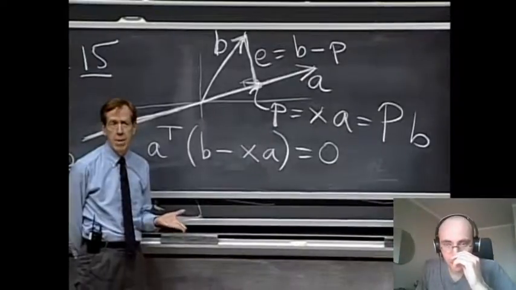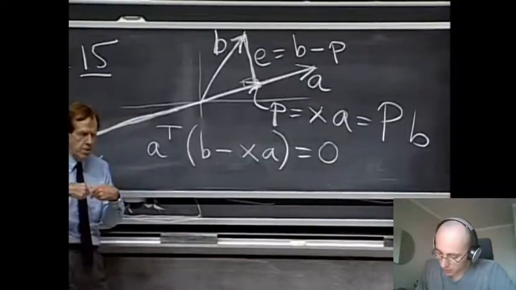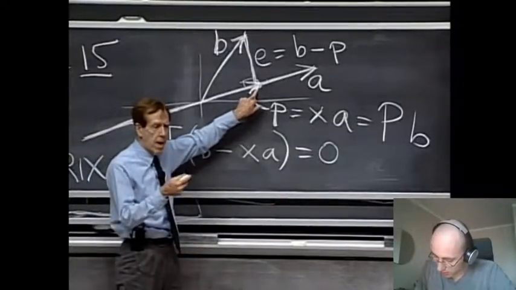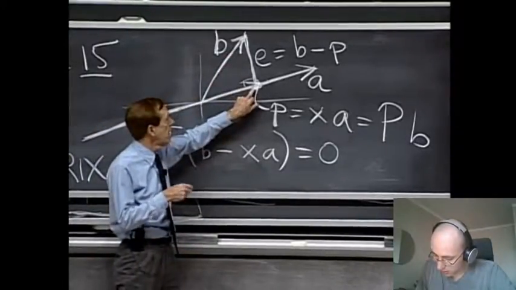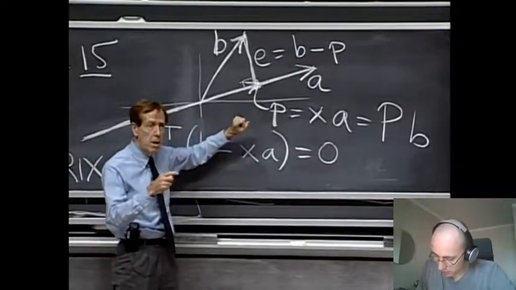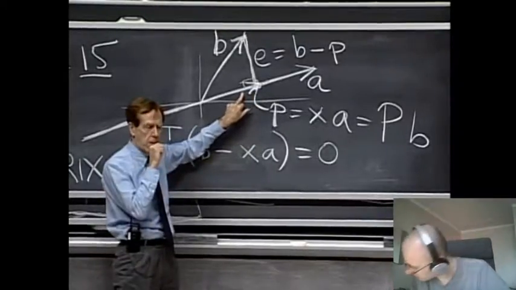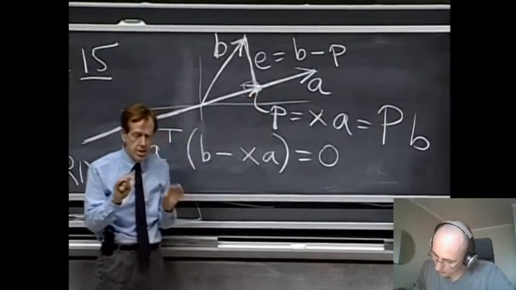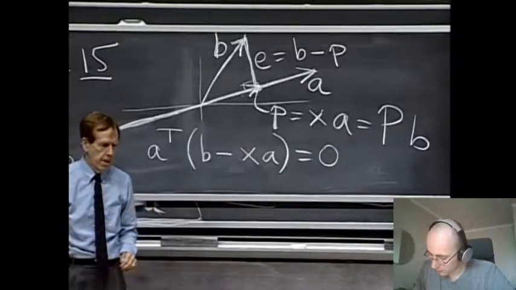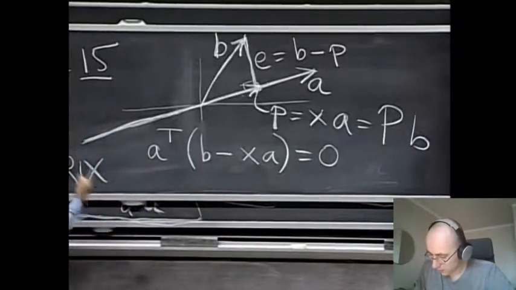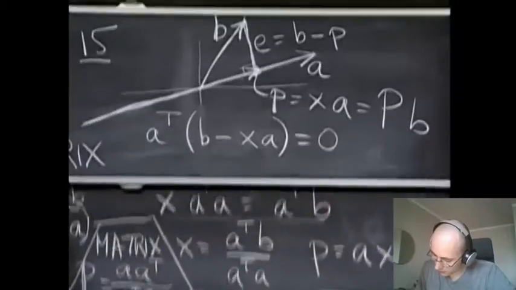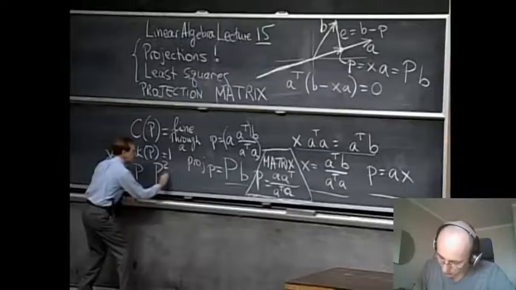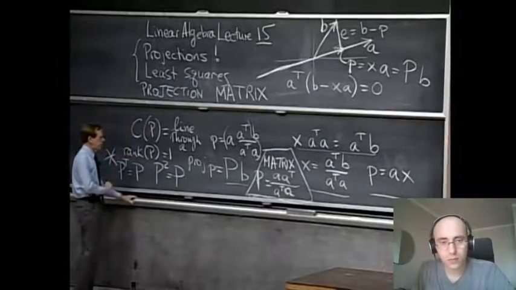What happens when I apply the projection matrix a second time to this? Applying it once brings me here, and the second time I stay put. The projection for a point on this line is right where it is, the same point. So if I project twice, I get the same answer as in the first projection.